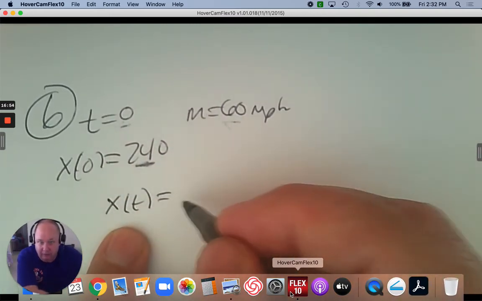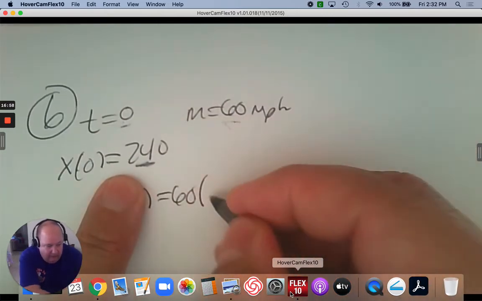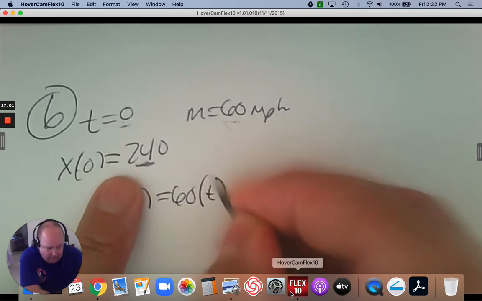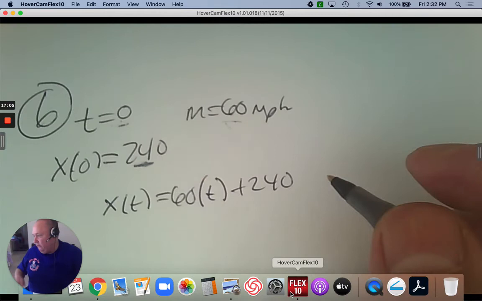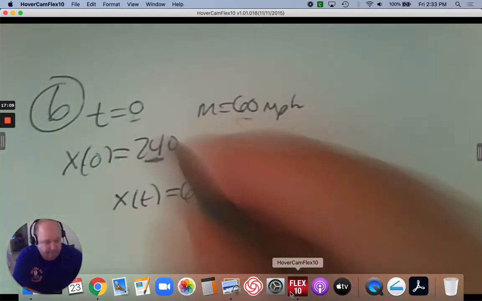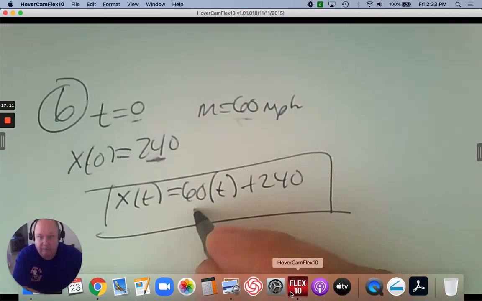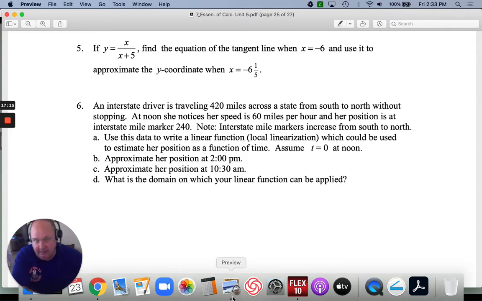To write the position equation, the slope is 60, times t minus 0, and then add 240. So it's basically 60t plus 240. Slope, y-intercept.